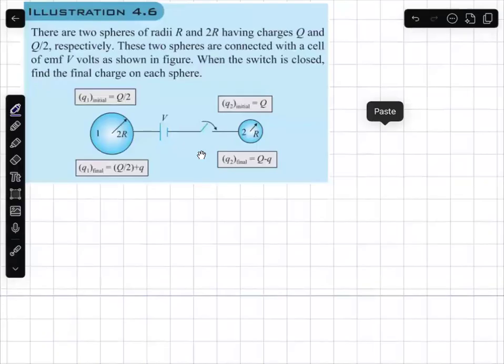What nature of circuit will this particular thing go with? Now, for example, suppose once they were connected, okay, I should see the arrangement like this.